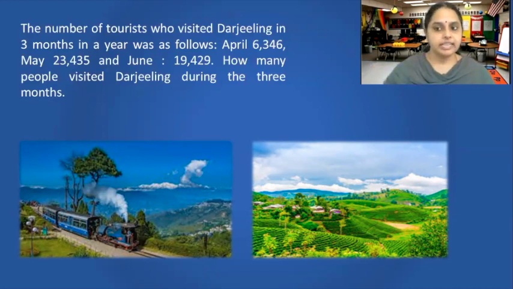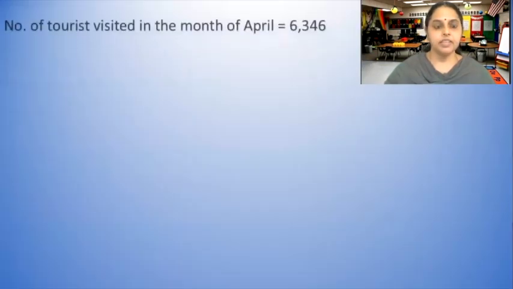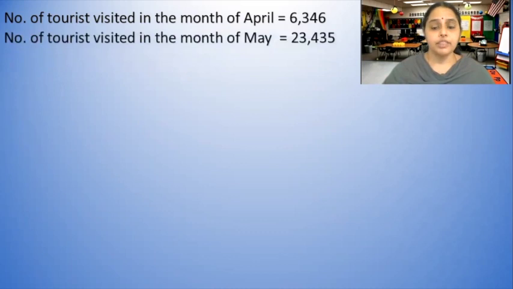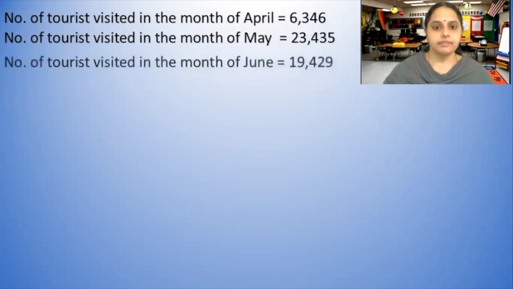Okay, so let us see how to solve this problem. In story problems, we will be writing the statement. Number of tourists visited in the month of April is equal to 6,346. In the month of May, how many people visited? 23,435.